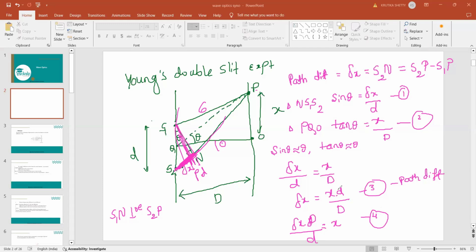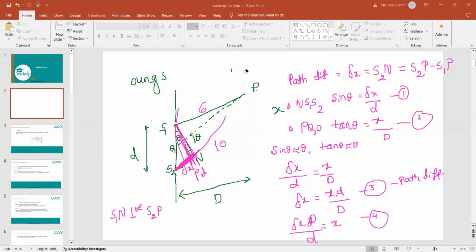So x is nothing but it is the distance, right? So therefore, yes, any doubt is there in the derivation? Last two steps are remaining for the fringe width expression.